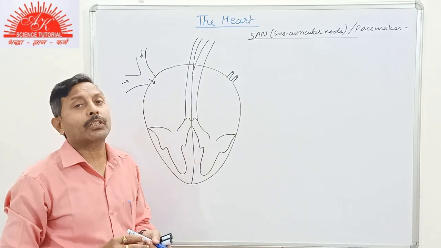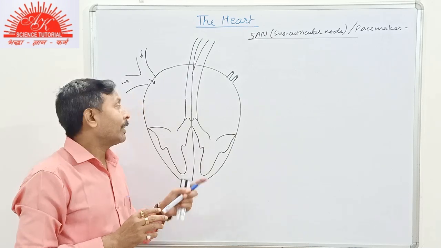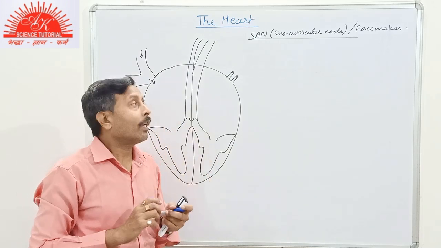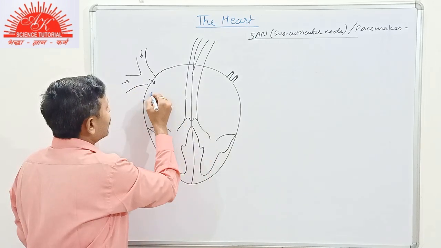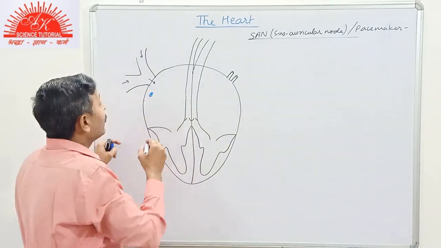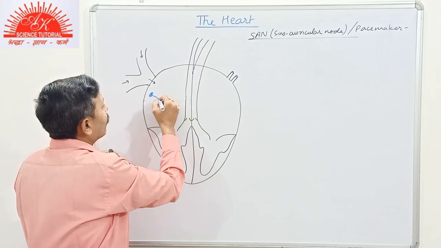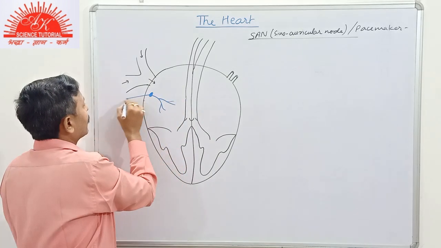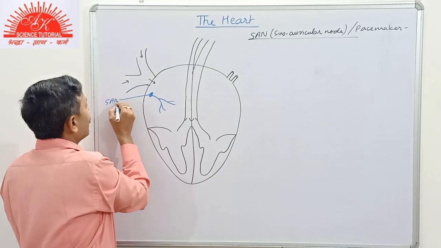So first of all, the SAN, which is the impulse generating structure in the heart, we have studied that its muscles work on its own. Now it has this structure on the outer wall of the right auricle near the vena cava, from which there will be nerve fibers arising. Here this is the SAN.